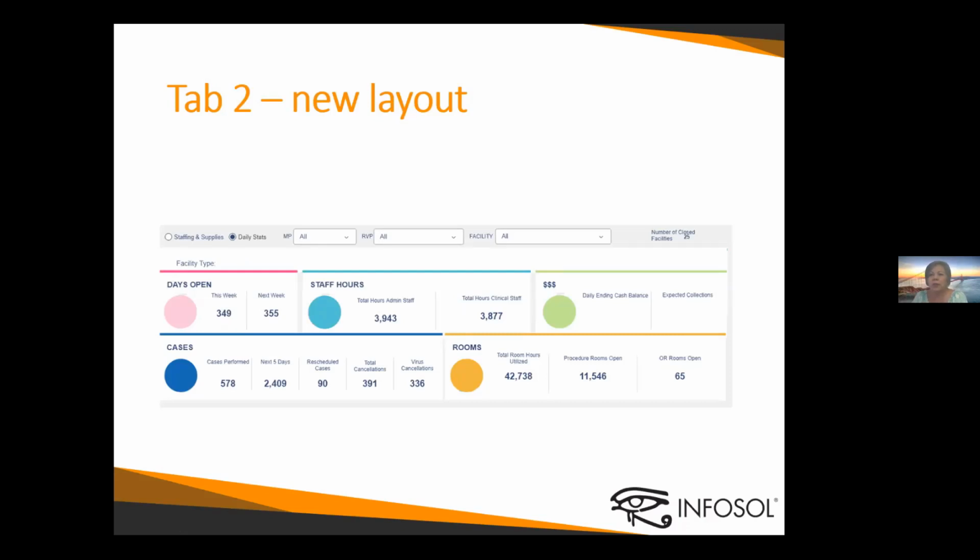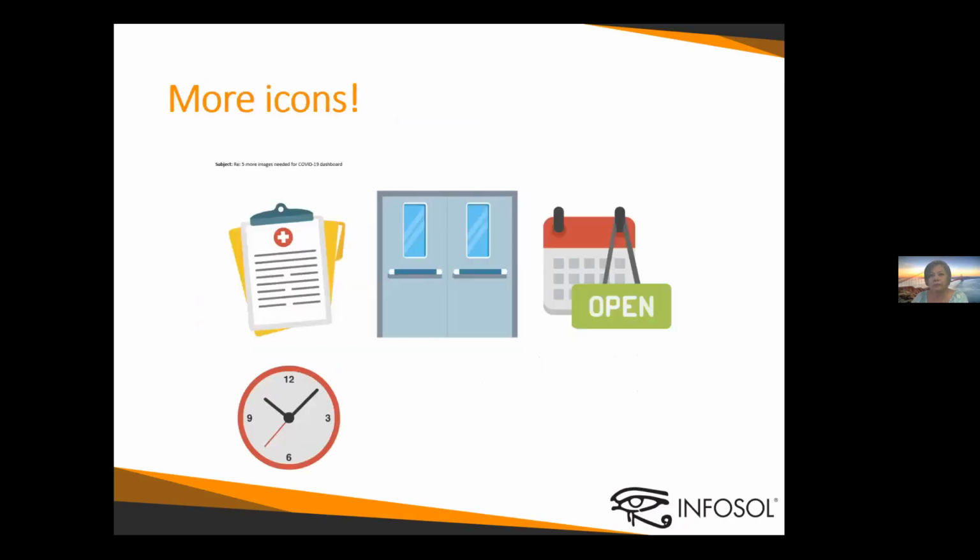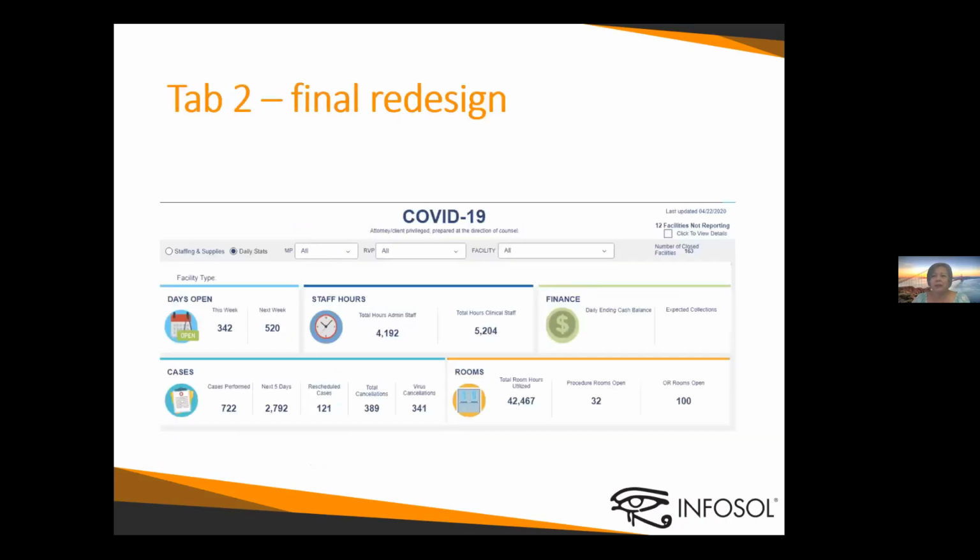So we got some great help with them. And then we needed more icons for this second tab, and our graphic artist was able to provide some more great icons.